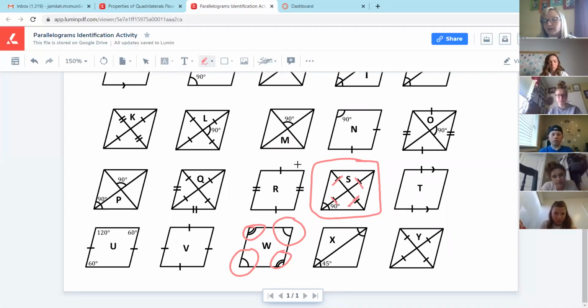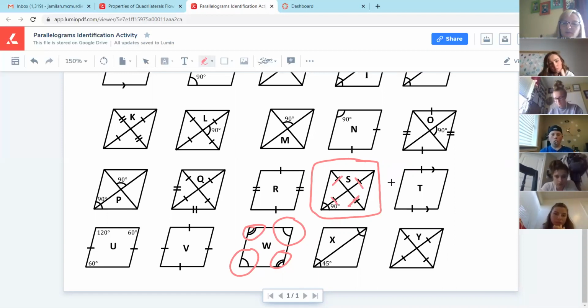So this point right here in the middle is where the two diagonals are meeting, and it's definitely cutting the diagonals in half. But not only that, all 4 of those are the same length.